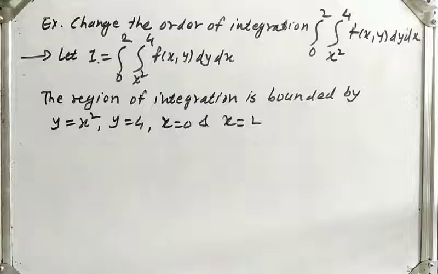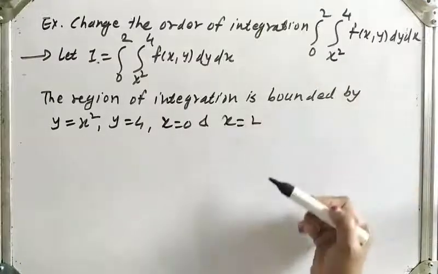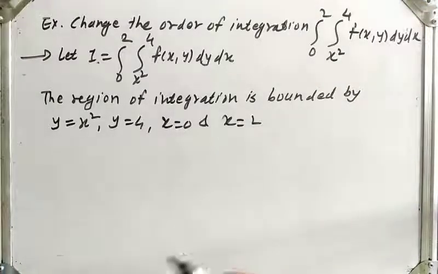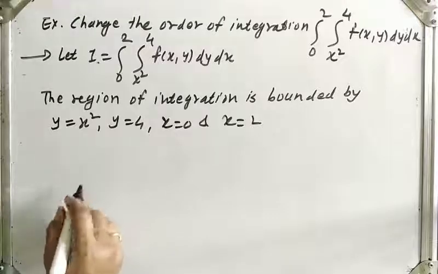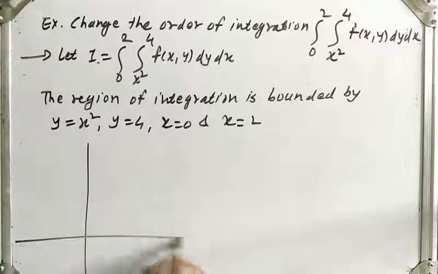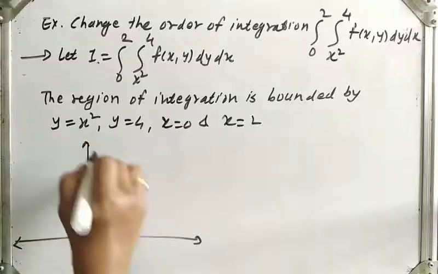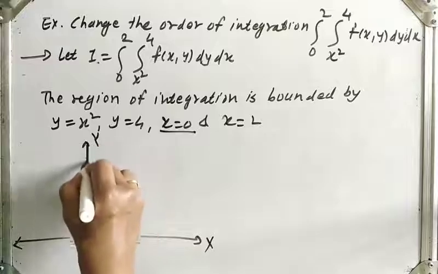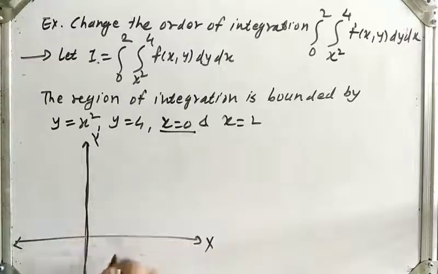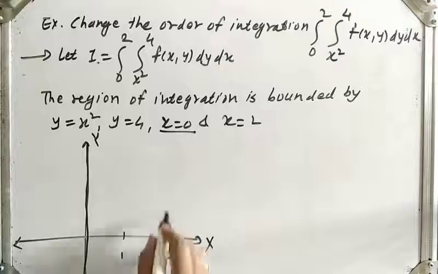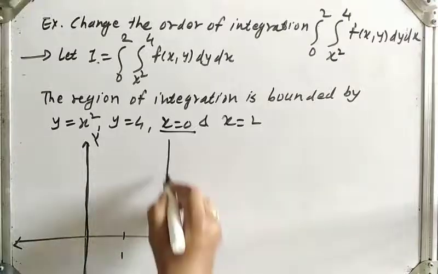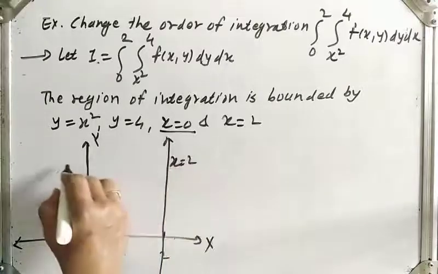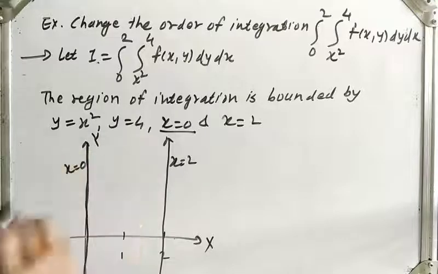We will plot the graph, and since here y is first and we have to take x first, we will draw the strip parallel to the x axis in that graph. So let us plot the graph. This is the x axis and the y axis. x is equal to 0 means the y axis. Let us take 2 here: x is equal to 2, this is x is equal to 0, and y is equal to 4.